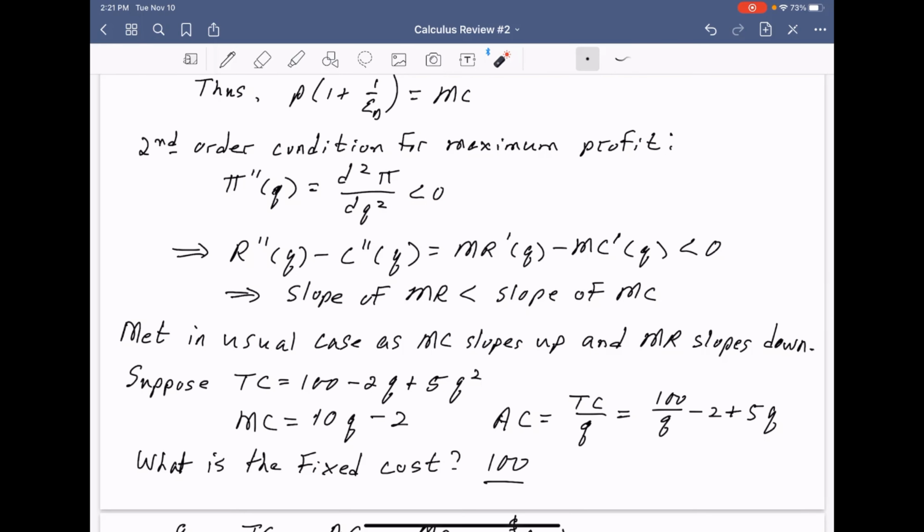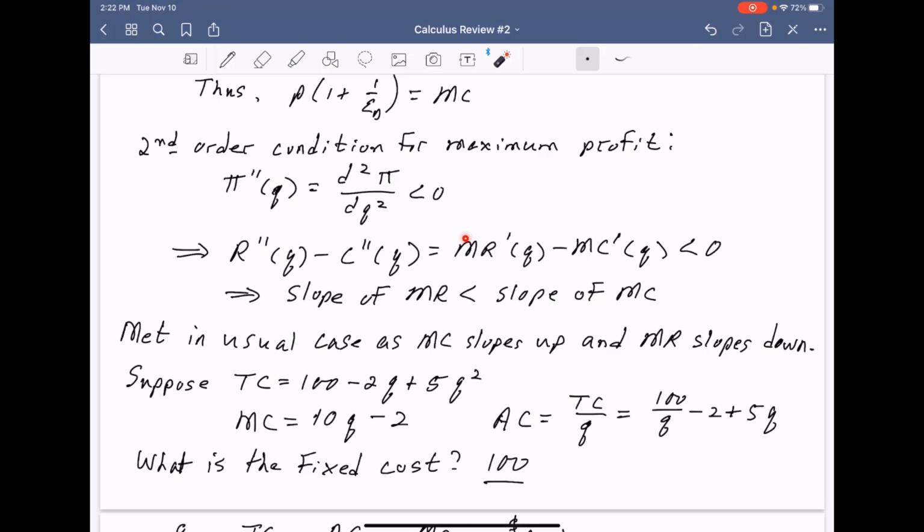So again, we take the second derivative of the revenue function and of the cost function, subtract the second derivative of the cost function from the second derivative of the revenue function, and we get the first derivative of the marginal revenue function minus the first derivative of the marginal cost function. And it has to be less than 0.